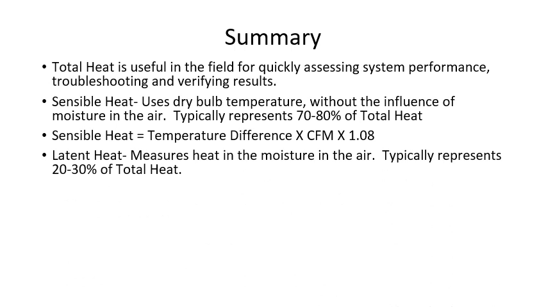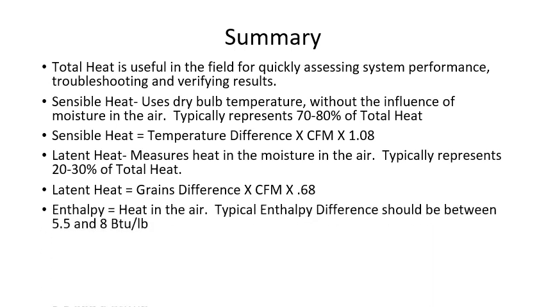Our latent heat checks take into consideration the heat and the moisture of the air. Typically, a comfort cooling system removes 20 to 30% latent heat compared to the total heat of the system being removed. And here's our latent heat formula. Our grains of difference times CFM times 0.68.